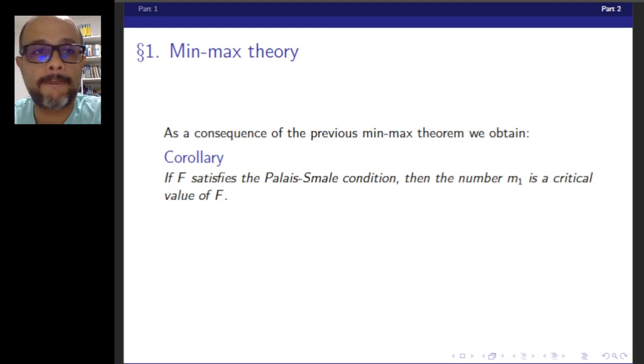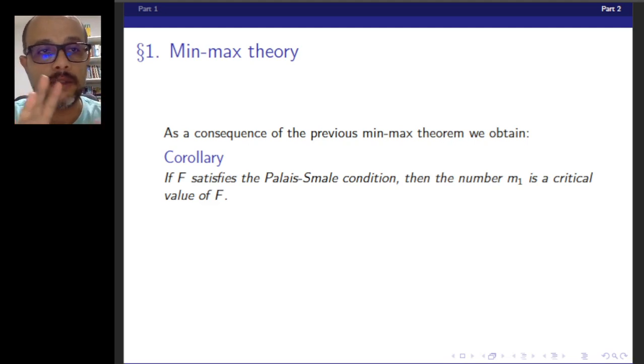So the number m1 is a critical value if the functional satisfies the Palais-Smale condition. We don't know if f satisfies the Palais-Smale condition, but we will argue in two parts.